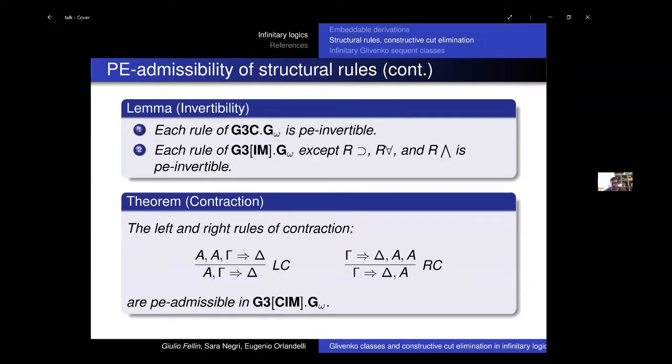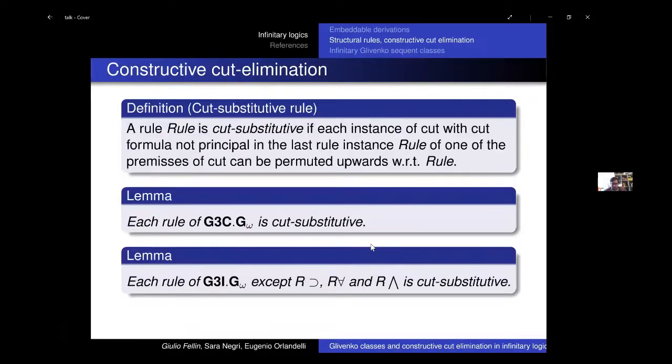What is missing is cut. This requires a longer proof. First, we have to define what a cut substitutive rule is.